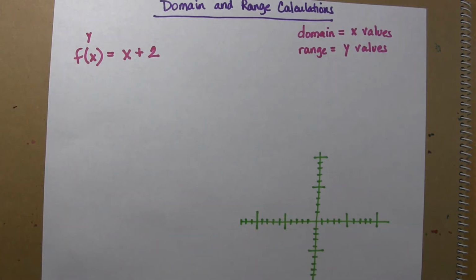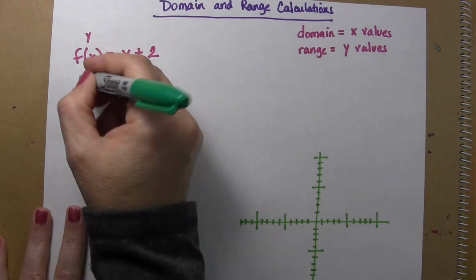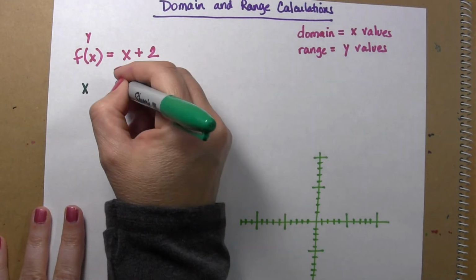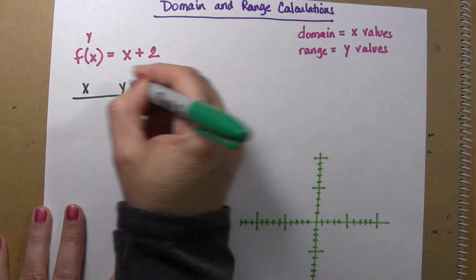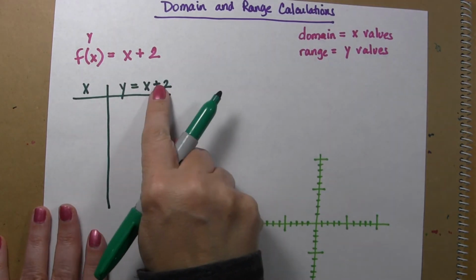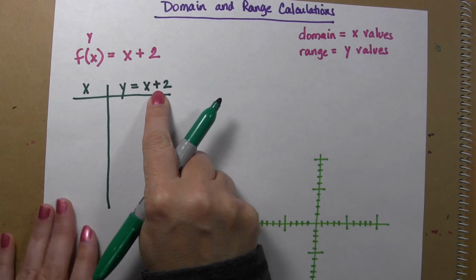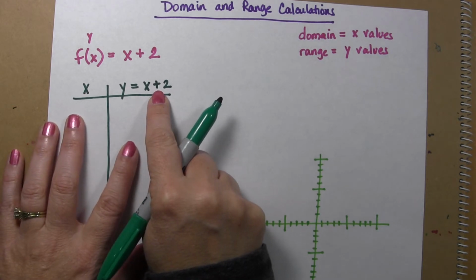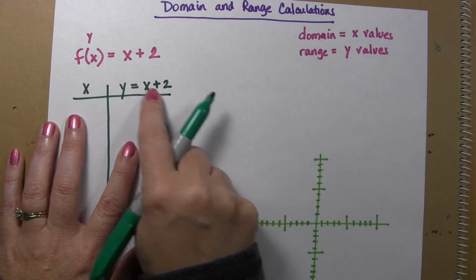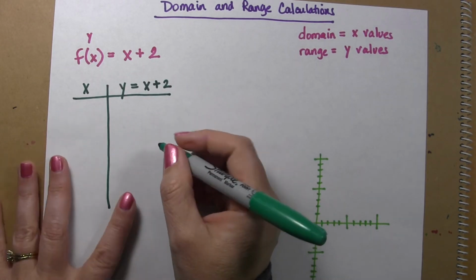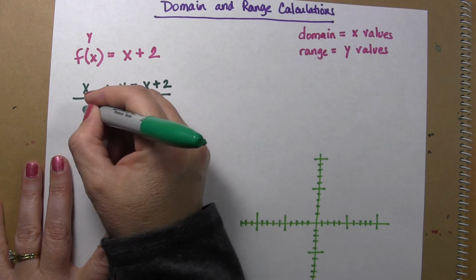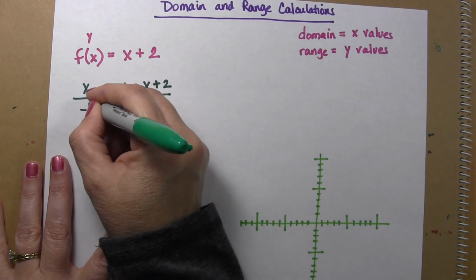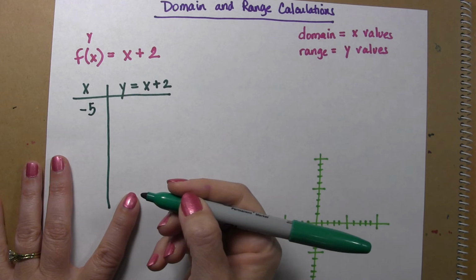All right, so before we talk about domain and range too much, let's make ourselves an xy chart. So I make it a little bit fancier now. I put the actual equation over here because it's getting harder with functions. So let's pick some nice numbers for x. And I just randomly selected, I said, okay, we'll make x negative 5.